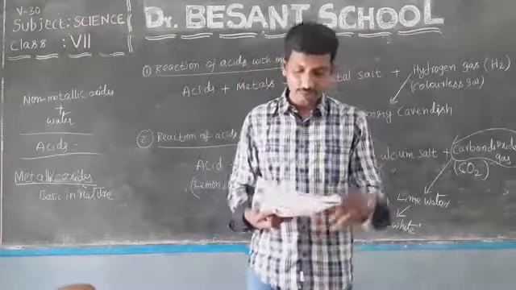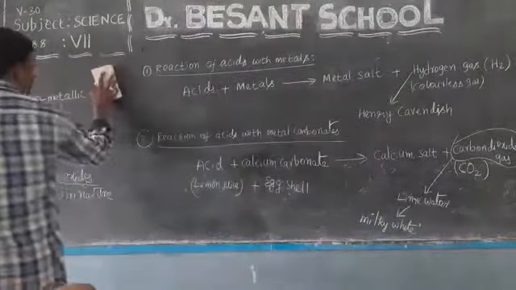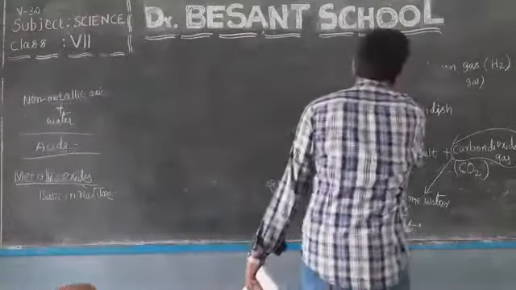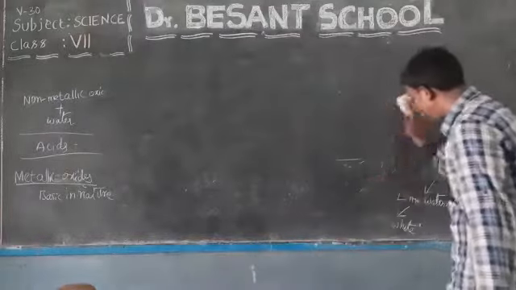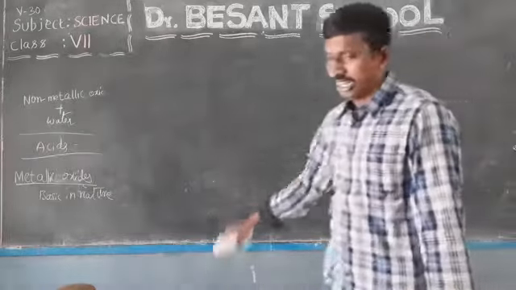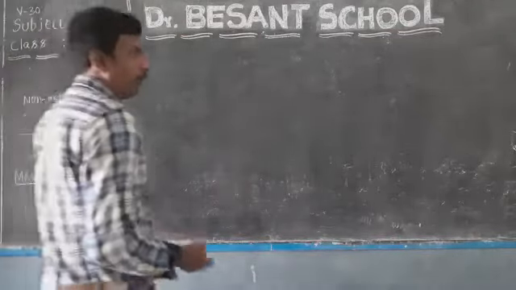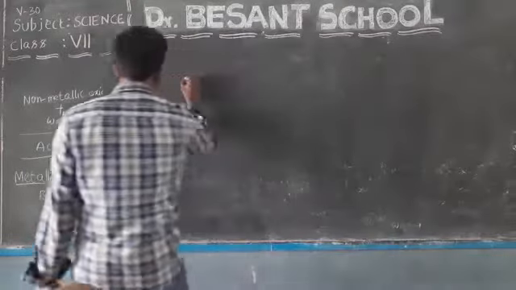And then we learned about the most important one, neutralization reactions. What do you mean by neutralization reactions? When an acid loses its properties by treating with a base, then the reaction is called neutralization.